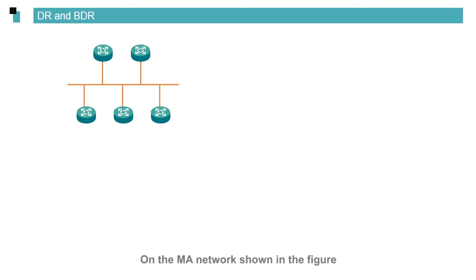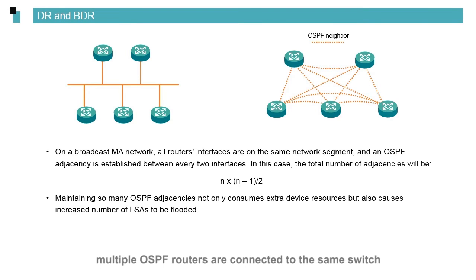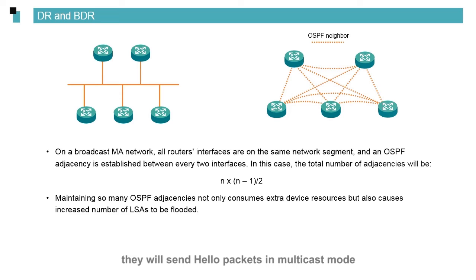On the MA network shown in the figure, multiple OSPF routers are connected to the same switch, and they are in the same broadcast domain. If OSPF is activated on the interfaces, they will send hello packets in multicast mode, attempting to discover other OSPF routers on the links.